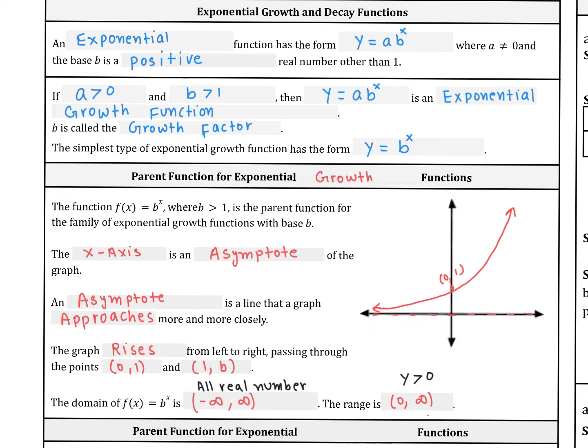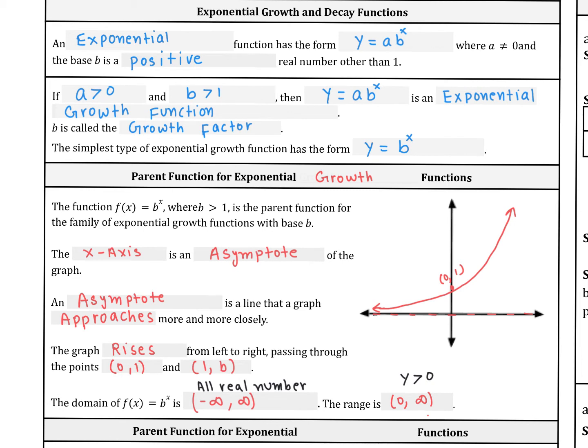From this line above, y is greater than 0. So that's why the range is 0 to infinity, or y is greater than 0. It's only on the upper side of this line.